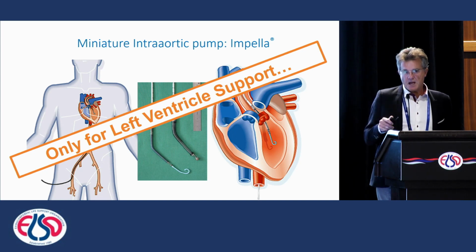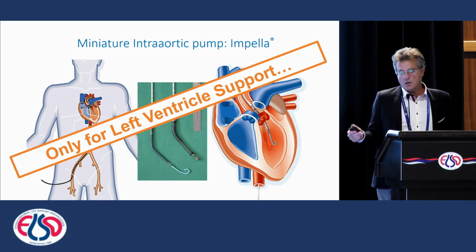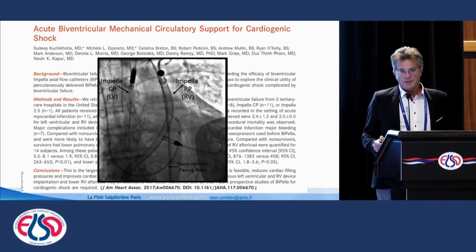The left-sided Impella are obviously only for left ventricle support. But there is another Impella, which is the RP, which might also be combined with another type of Impella pump, either the CP or the bigger 5.5.